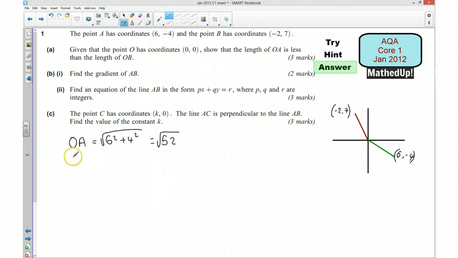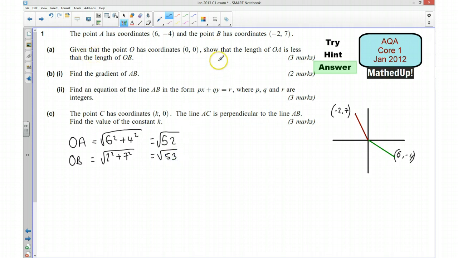Okay, the length OB, well, that's going to be this distance here, so that's going to be 2 and 7. So we're going to have the square root of 2 squared plus 7 squared, and that's going to be 4 and 49, which gives us root 53.